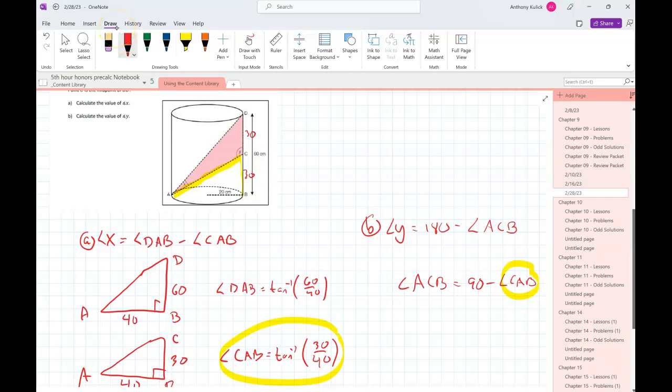Now, you could have done this using law of sines and cosines. I would not. I would do it this way because, boy howdy, that seems way simpler to me. But you could. This wouldn't be wrong. But I'm a right triangle guy. If I can get away with just doing right triangles, sign me up for some of that.